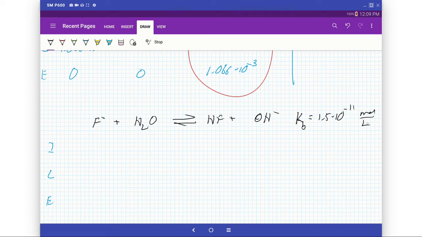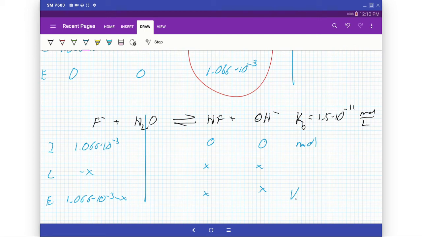We've calculated Kb values before. Leave that to you. In terms of values, 1.066 times 10 to the minus 3. Don't care about the water. And so when we do this, x, minus x, we have all of this. Remember, the ice table is in moles, and we do need the total volume as well.